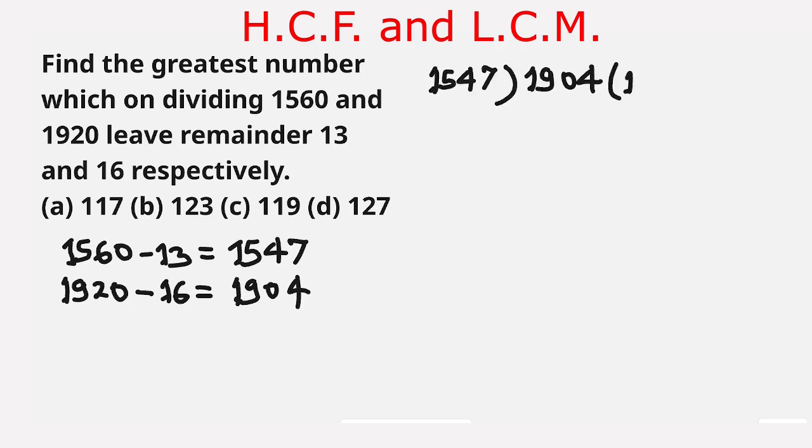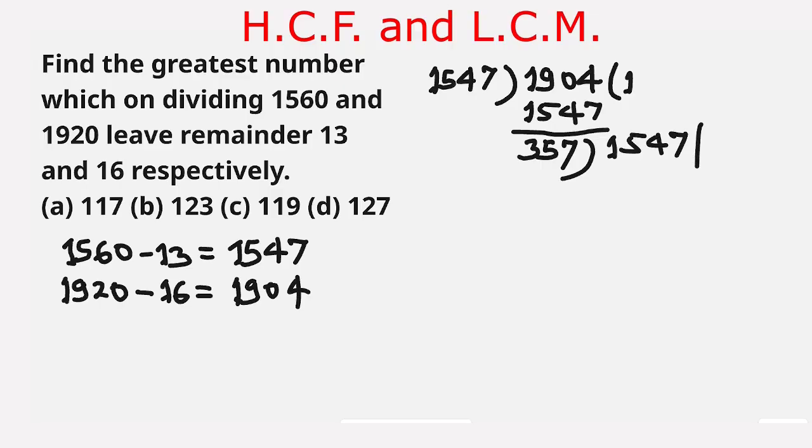1547 divides 1904 for one time. On subtracting 1547 from 1904, we get 357. Now we divide 1547 by 357. 357 divides 1547 for 4 times. 4 times 357 is 1428.